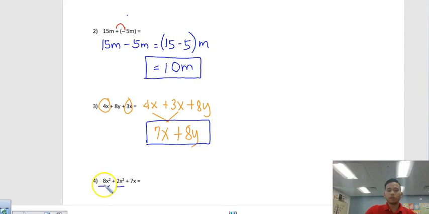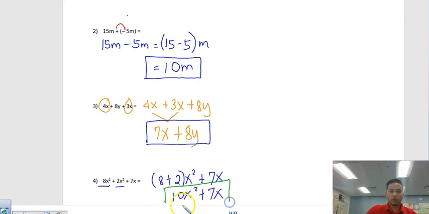So you add the coefficient, which is 8 plus 2, and then you have x squared plus 7x. So you add 8 and 2, which is 10. So you have now 10x squared plus 7x. That will be your final answer.